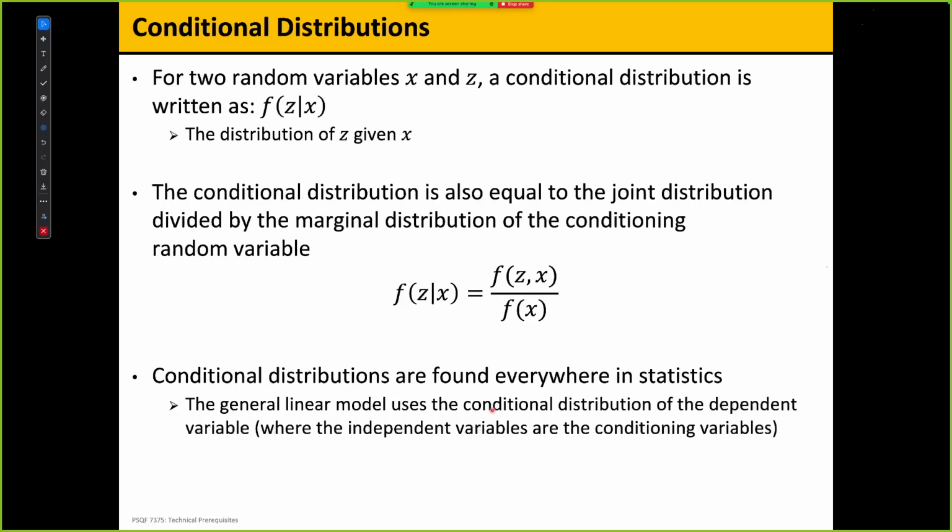Got it. All right. Finally, conditional distributions. If you have two random variables x and z, a conditional distribution is written as the distribution of z given x. It turns out it can be formed by taking the joint distribution and dividing it by the marginal.